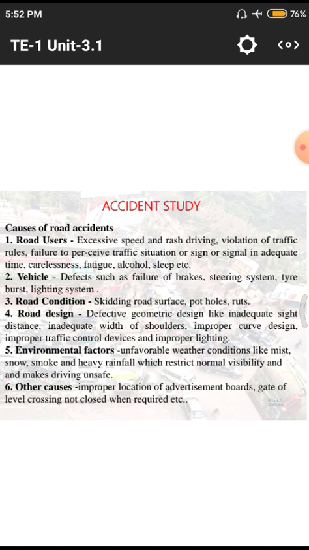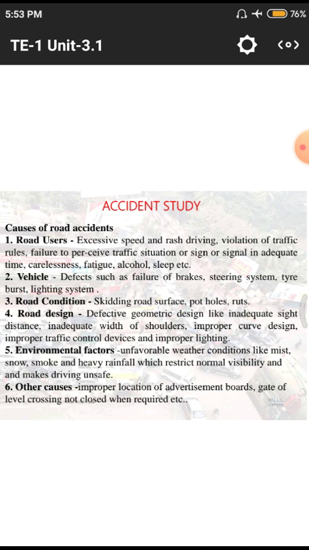In some cases young people drive their vehicles rashly. They want to show their enthusiasm through driving, so they use the vehicle at rash speed, which also leads to accidents by skidding whenever they apply the brake during rash driving.